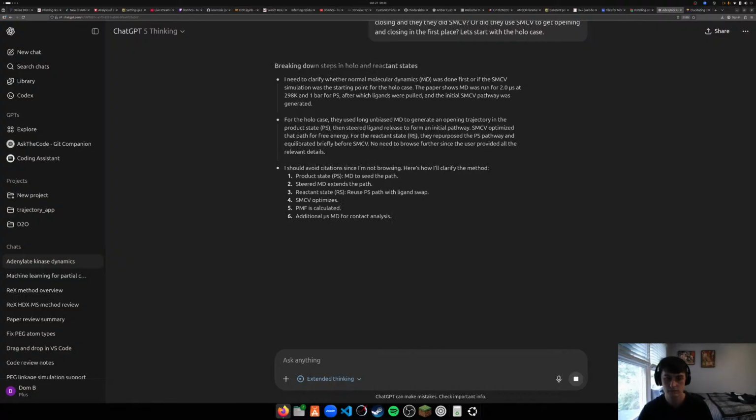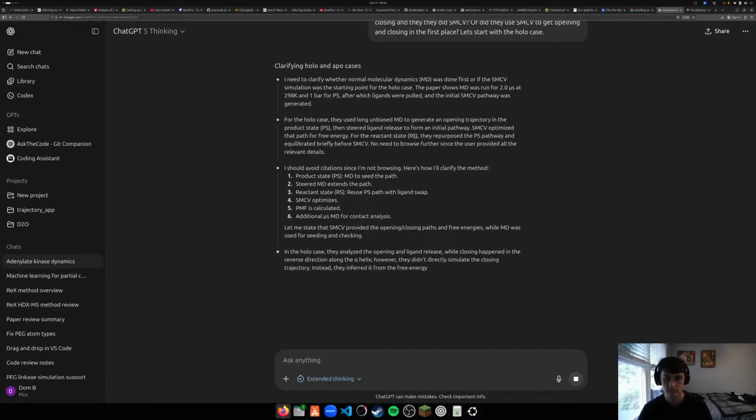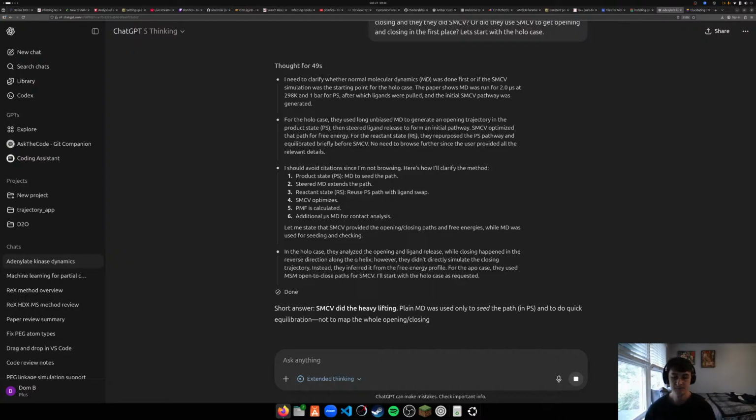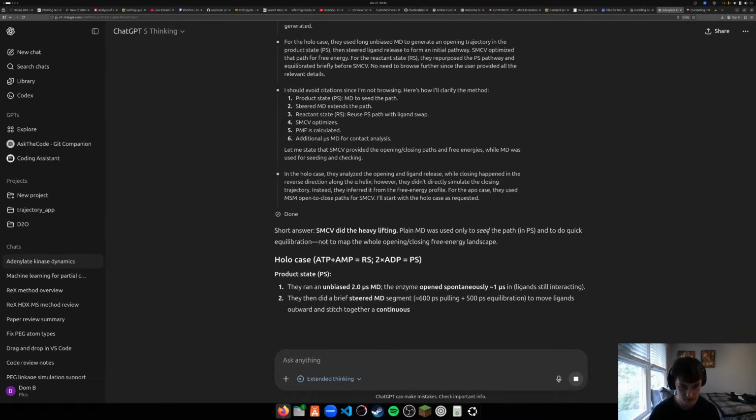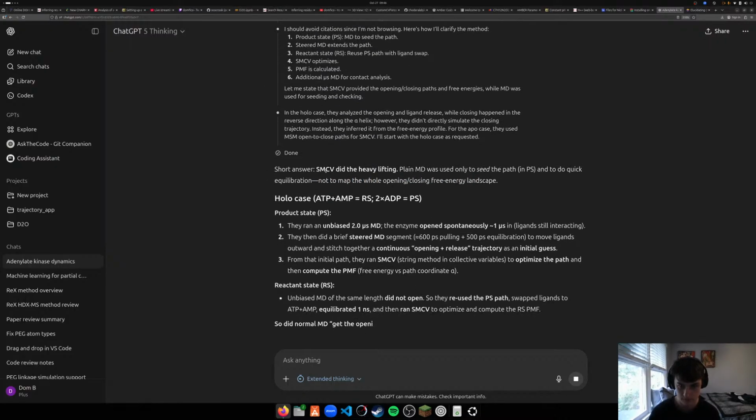SMCV did the heavy lifting. Plain MD was used only to seed the path and then do quick calibration, not to map the whole opening and closing free energy landscape.